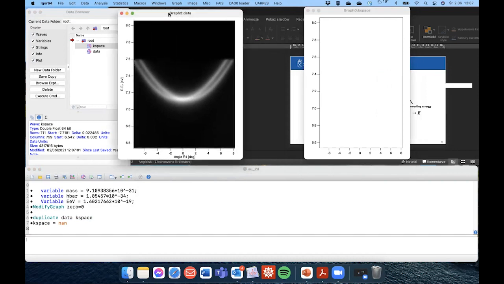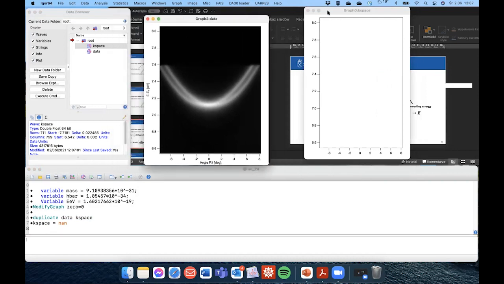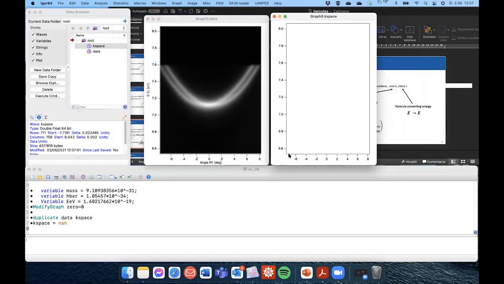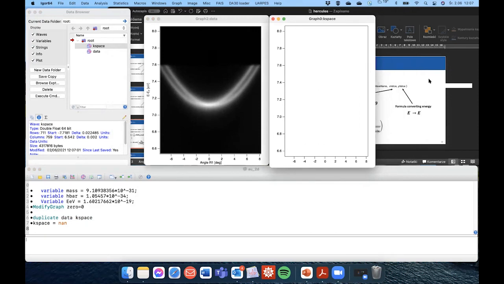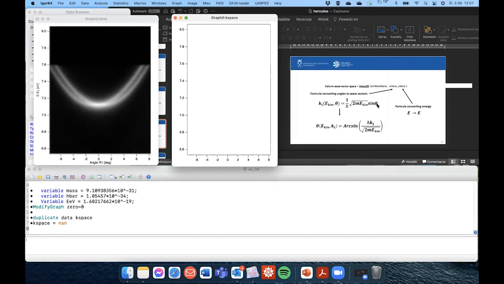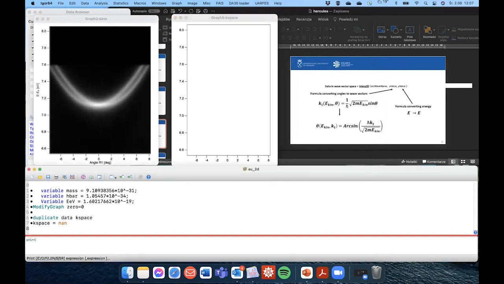And the first thing that we have to do is to set the proper scaling of the x-axis of this K-space matrix. So we will do this using this equation. So let's see what we will have here.